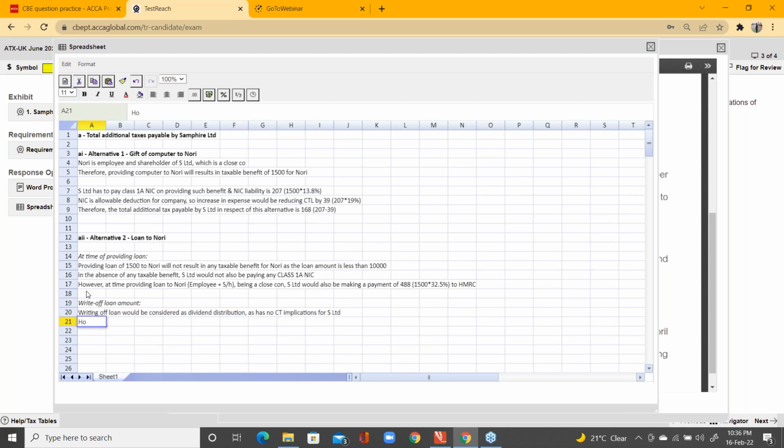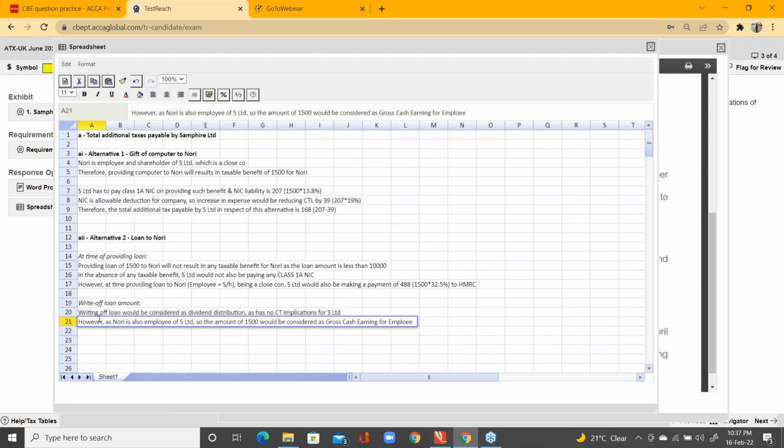However, as Nuri is also an employee of S Limited, the amount of 1500 would be considered as gross cash earning for the employee.